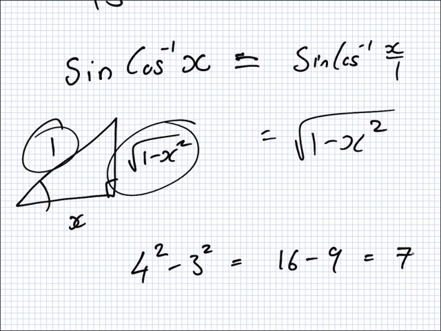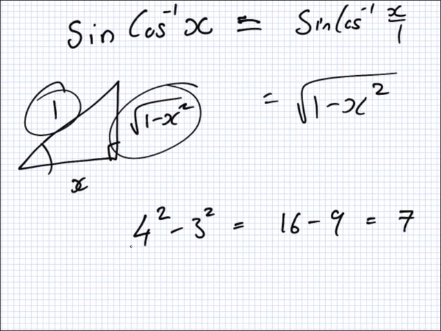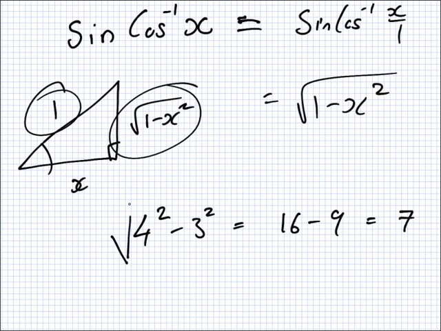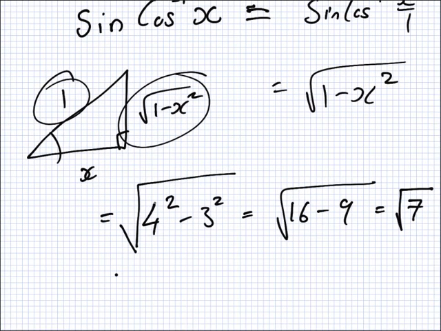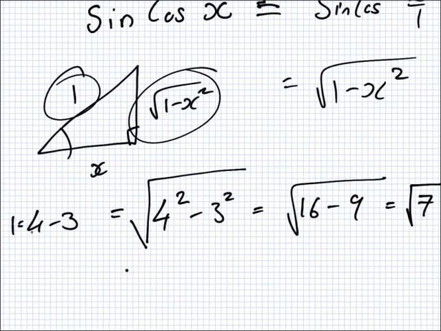Which is 7. Root 4 squared minus 3 squared should be root 7, right? This is all true, isn't it? If I use your rule, root 4 squared minus 3 squared would just be 4 minus 3, which is 1. And does 1 equal root 7? No. Doesn't work like that.